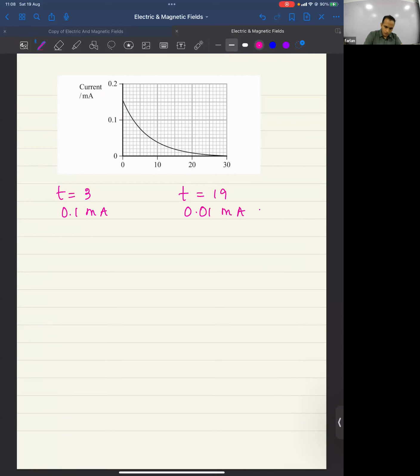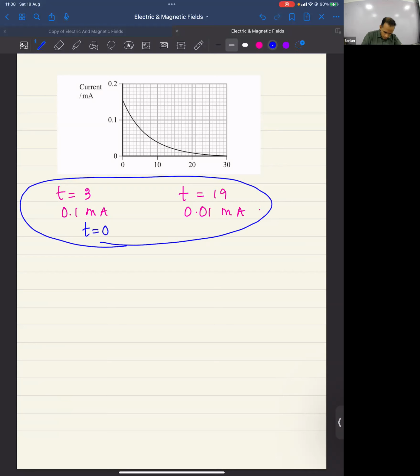I will use the equation between these two. Taking this as t equals 0, this becomes t equals 16, which is 19 minus 3.